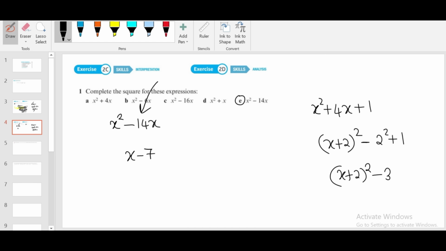So I'm going to write it as x minus 7 whole square minus 7 square. There is no other number. So it's x minus 7 whole square minus 49. That's all. That's a shortcut method.